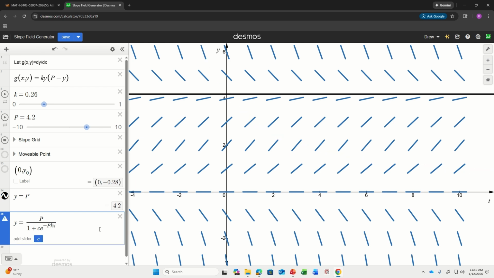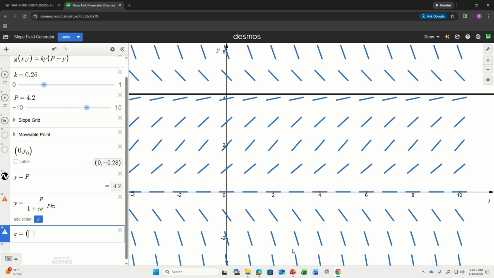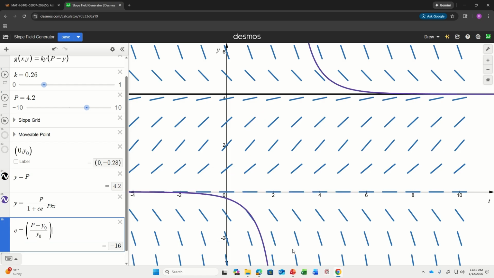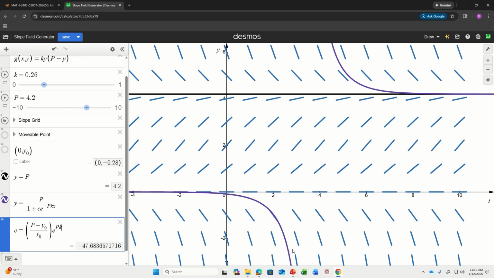Only t in Desmos is going to be x. And then I need to know what my c is. Well, c was the solution to my initial value problem, which is p minus y0 divided by y0 times e to the power pkt0.